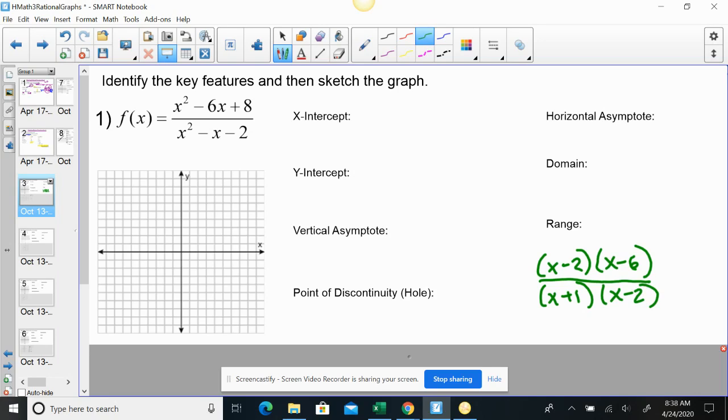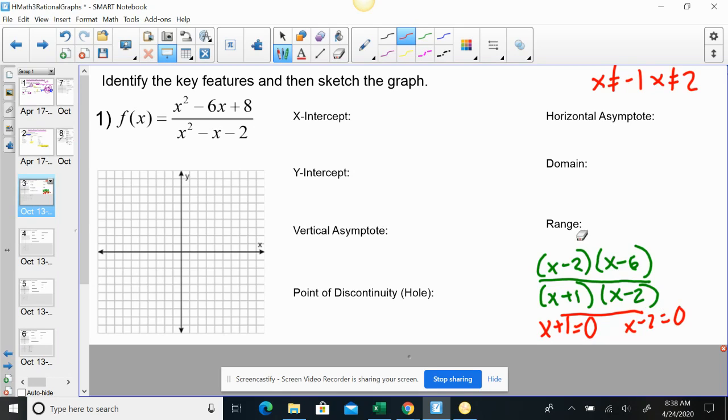So right off the bat, I know that my denominator values cannot be equal to 0 because you can't divide by 0. You might want to make a note somewhere: x cannot equal negative 1 and x cannot equal 2, because what plus 1 would be 0, negative 1, and what minus 2 would be 0, positive 2.